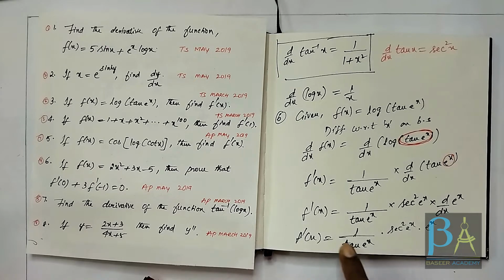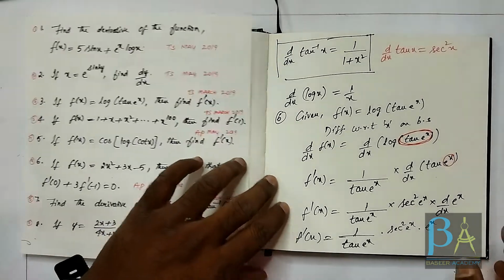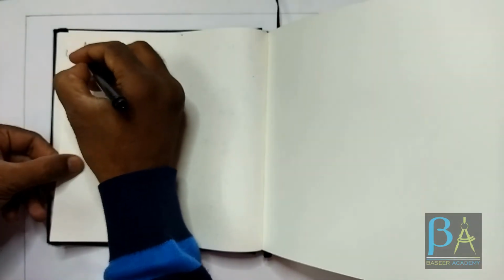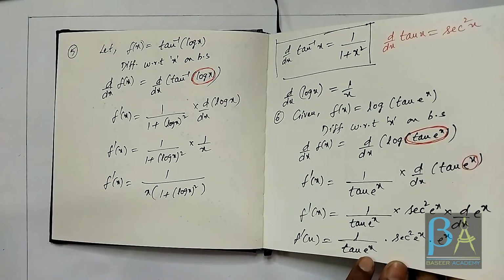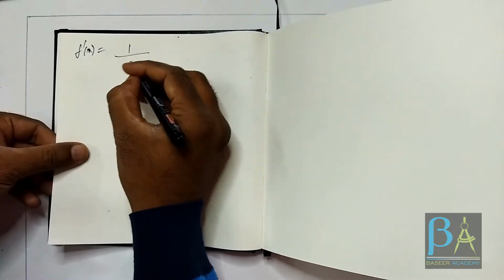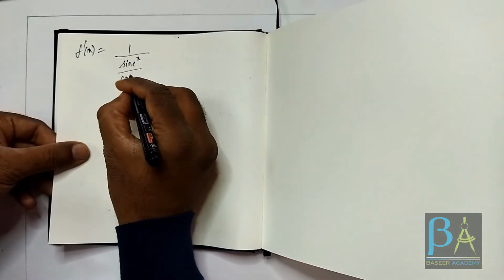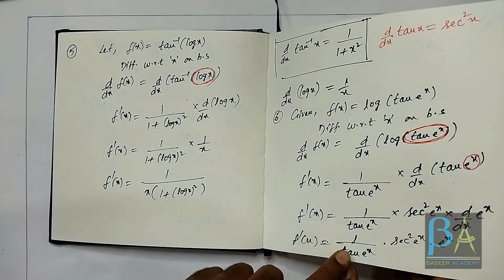Now you can actually keep it this way, or else if you want you can simplify this thing a little further here. Let me simplify this thing a little further for you. f dash of x is going to be 1 by tan e power x. 1 by tan e power x, I can write it as sine e power x by cos e power x, because you know for a fact that tan is nothing but sine by cos.